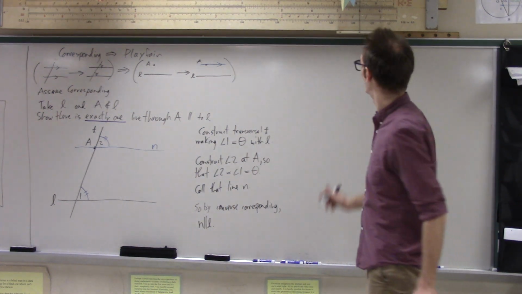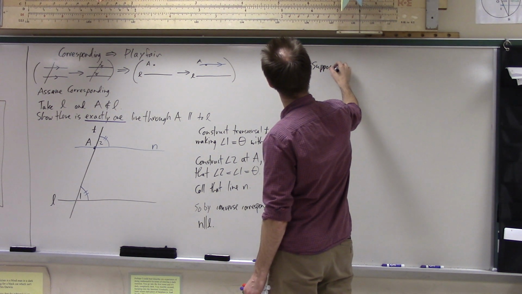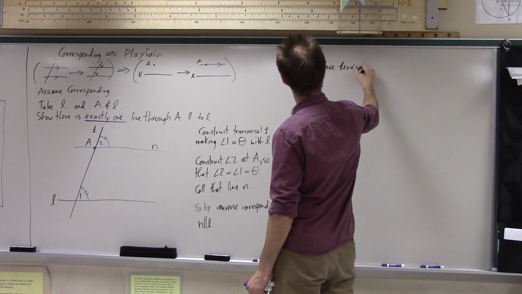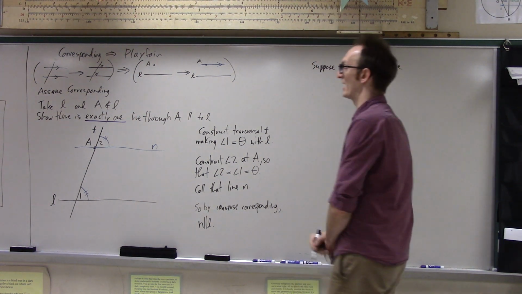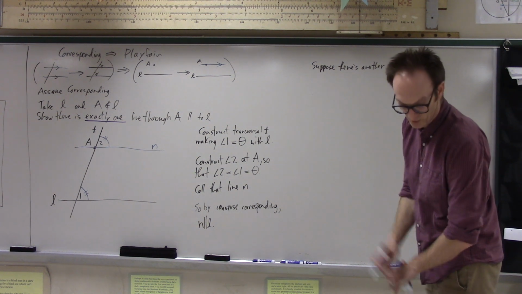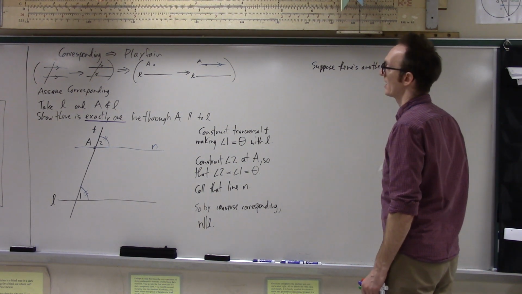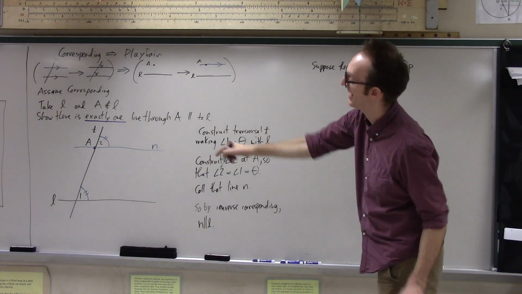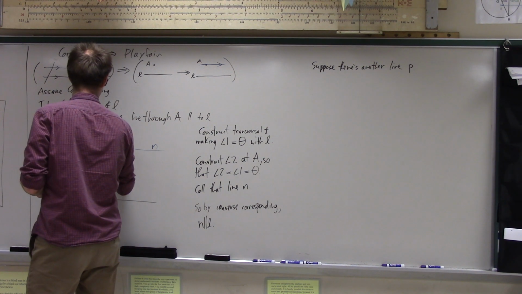So what we're now going to do is say, okay, suppose there's another line. Let's call it P. Suppose there's another line P parallel to L. Oh, I should mark these two parallel, because we proved that they are.